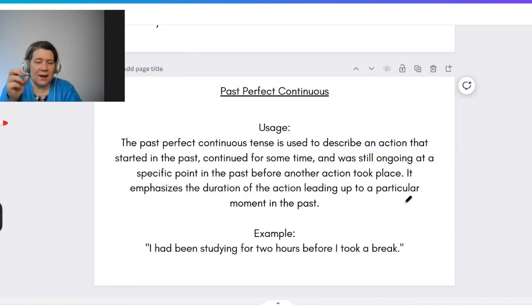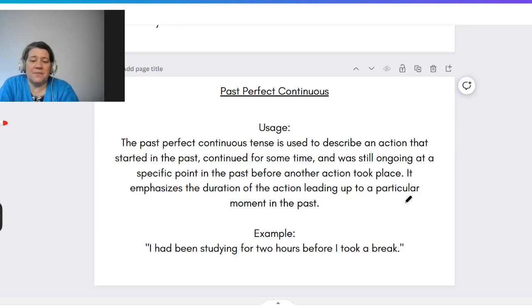So, like many of our other tenses, especially with past tense, when we use past continuous, we need to use it with past tense. When we use past perfect, we combine it with past tense. When we use past perfect continuous, we combine it with past tense. Okay? It indicates the length that something is happening or that it happened before this other thing happened.